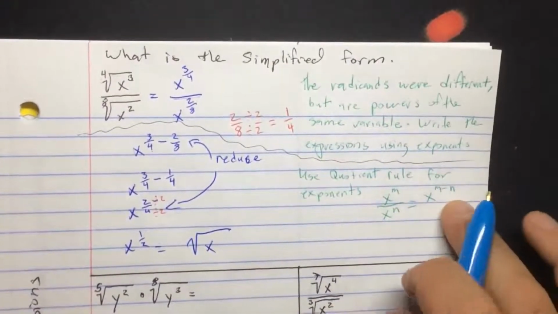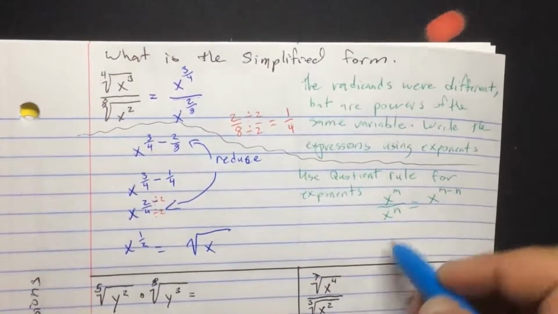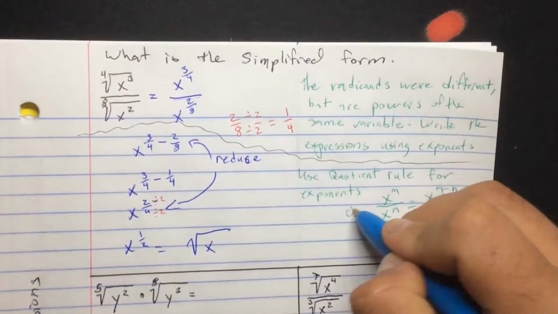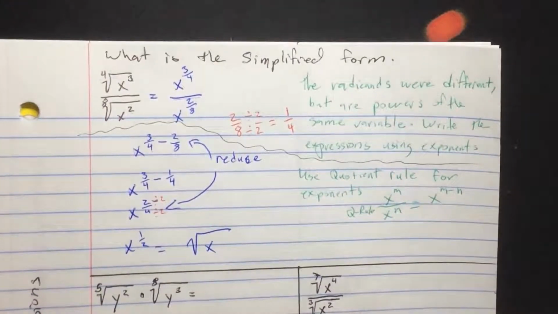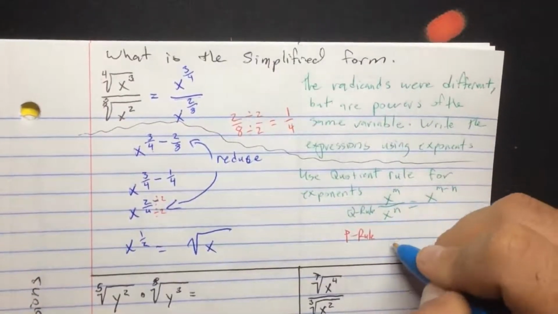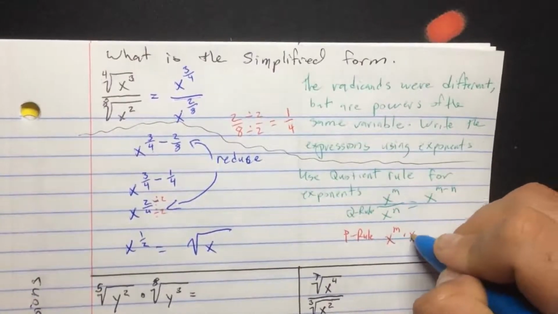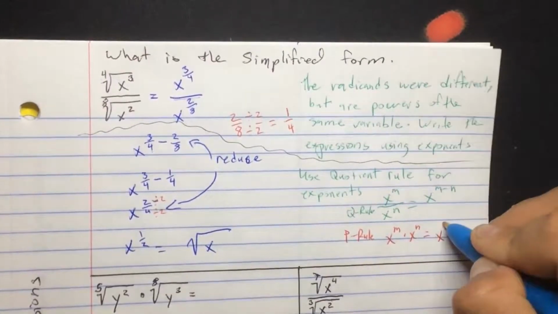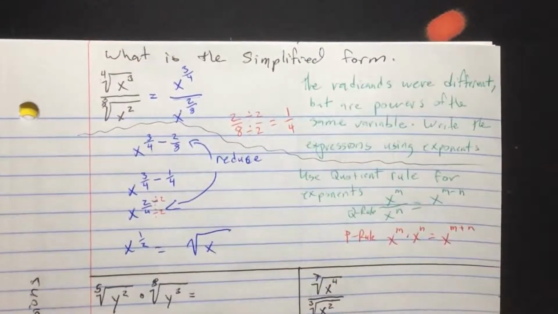This is in the previous foldables. I'm going to call it the Q rule. And just in case you don't remember the product rule, I'll call it the P rule. If you have x to the m times x to the n, this is going to be x to the m plus n. And this is just kind of side notes so you remember what they are.